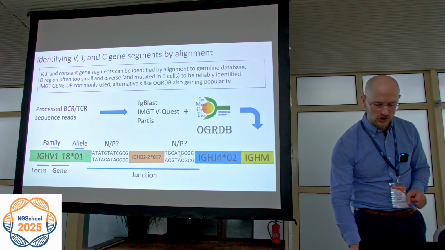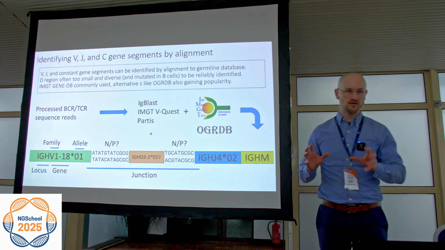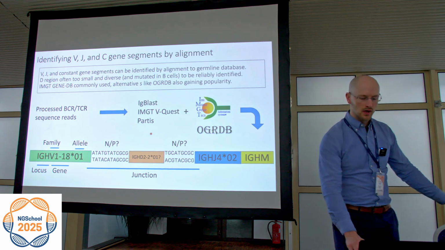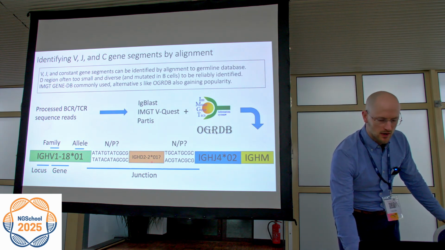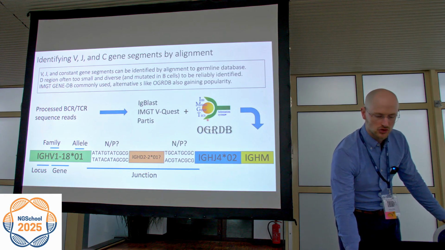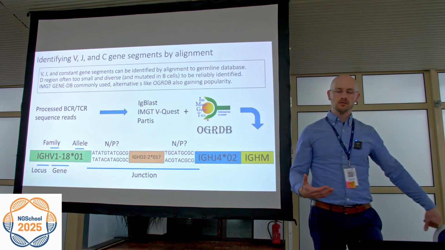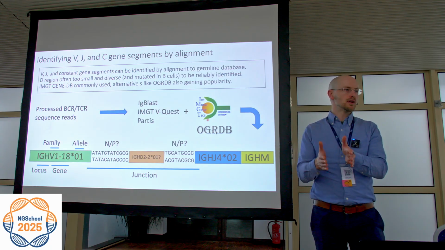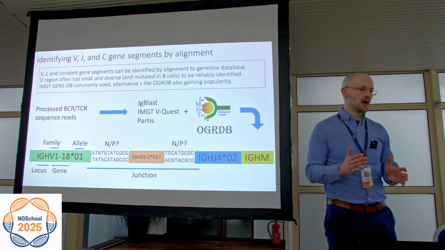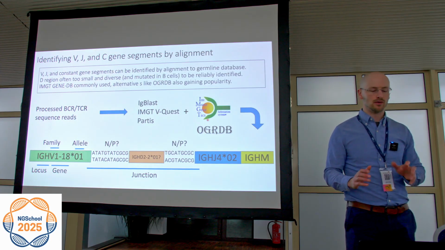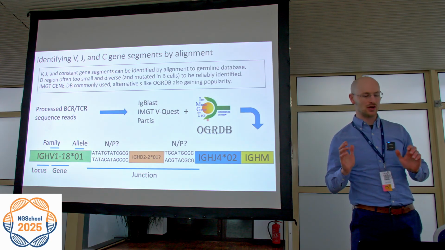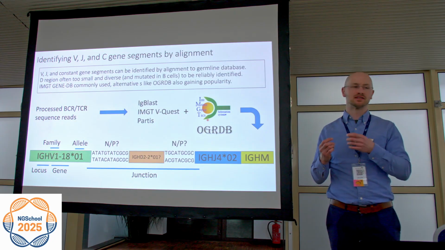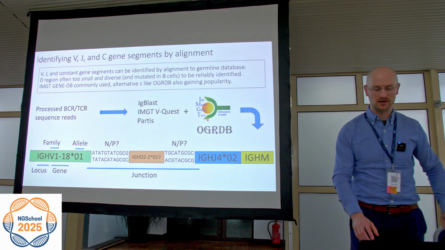Generally, the junction region is hard to figure out by this approach. It is sometimes possible to identify the D gene based on alignment to a reference germline database. However, because D genes are very short and diverse, those alignments are often unreliable, and we generally ignore any assignment of D genes by one of these alignments.